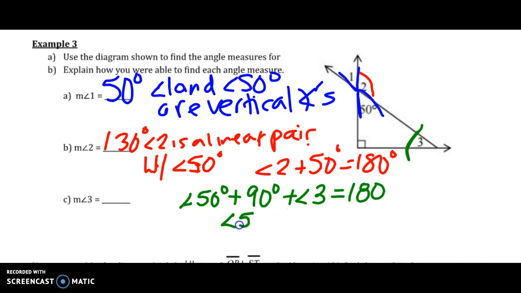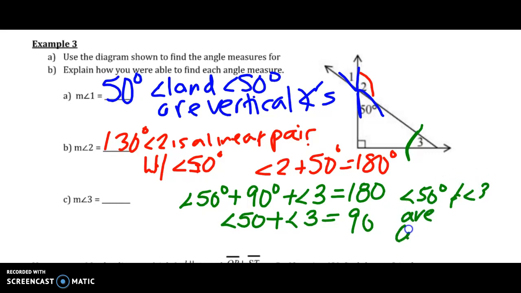So when I subtract that from the other side, we know that the angle of 50 degrees and angle 3 are complementary angles. And so angle 3 will equal 40 degrees.